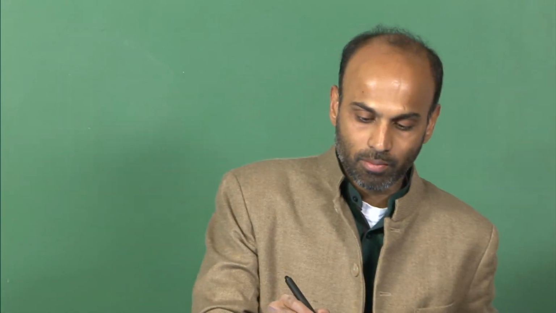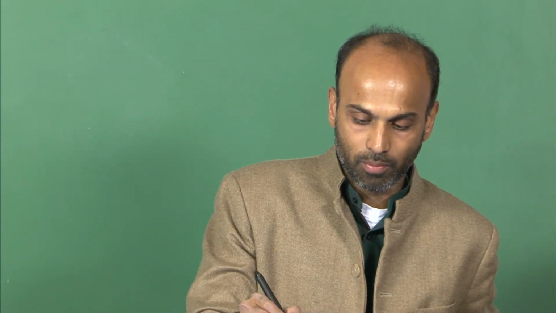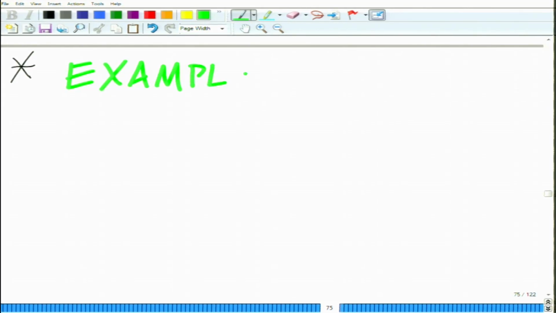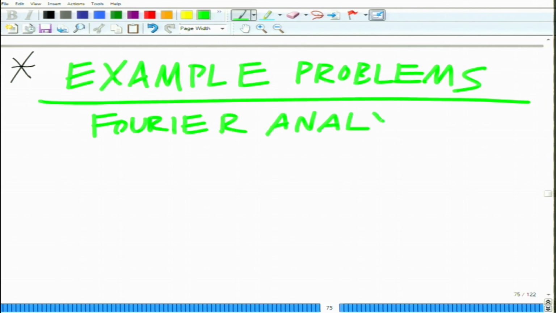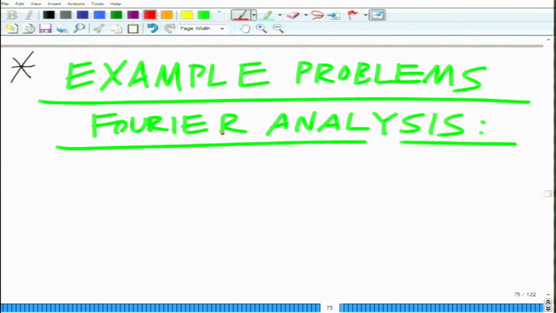Starting this module we are going to look at again example problems for the Fourier analysis, and this time specifically focusing on the CT or continuous time signals.